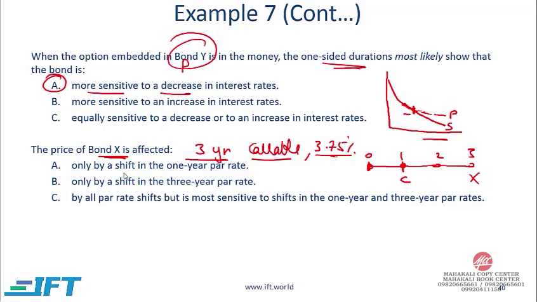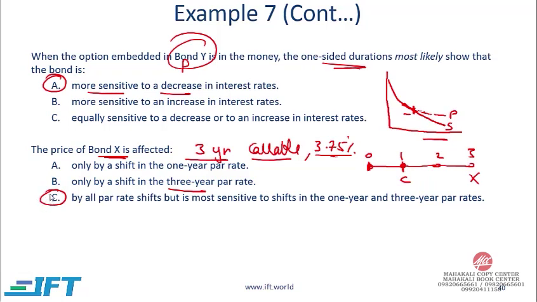So to say that it would only be impacted by a shift in the 1-year par rate and all other rates don't matter, that clearly doesn't seem right. Similarly, saying that only the 3-year rate matters and other rates don't matter doesn't seem right either. So intuitively, C appears to be the best answer.